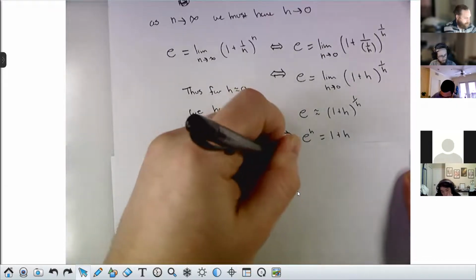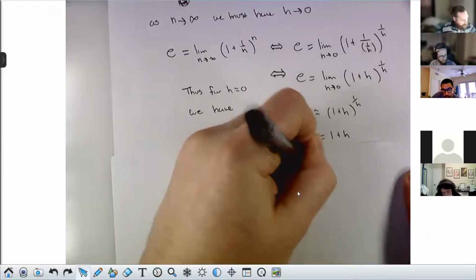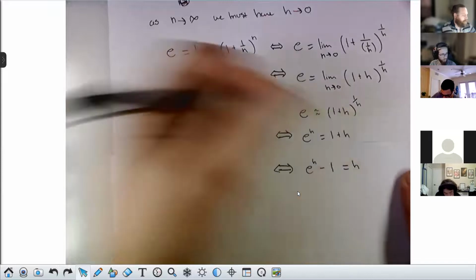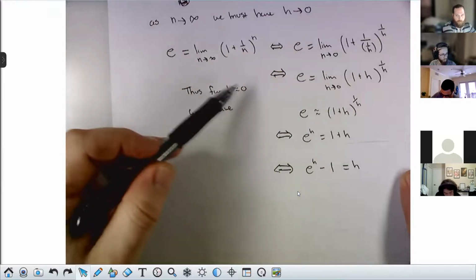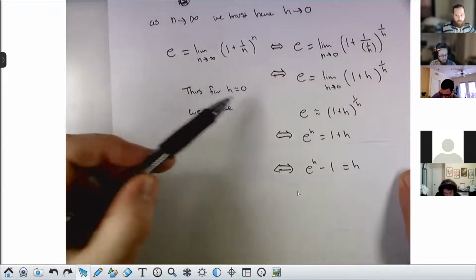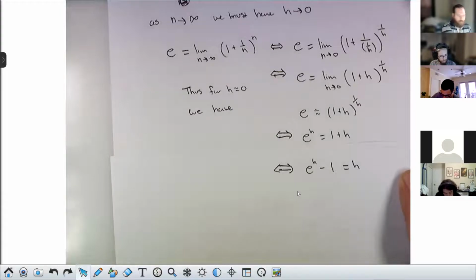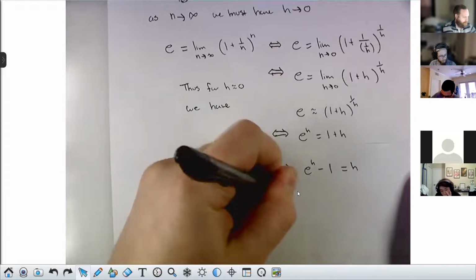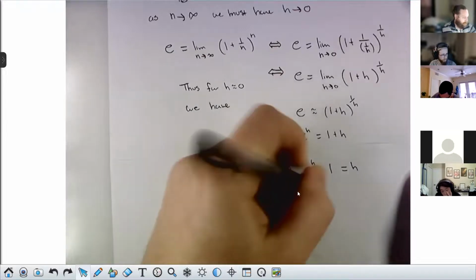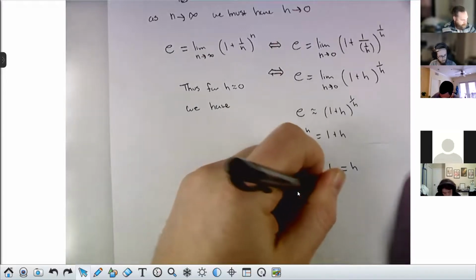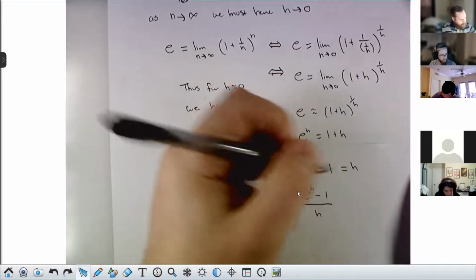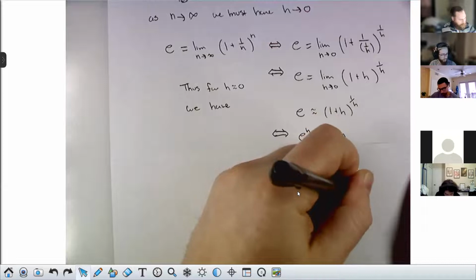Subtract 1 from both sides. e to the h minus 1 is equal to h. Remember, this is all assuming h is very, very small, very close to 0. Now divide both sides by h. e to the h minus 1 over h equal to 1.